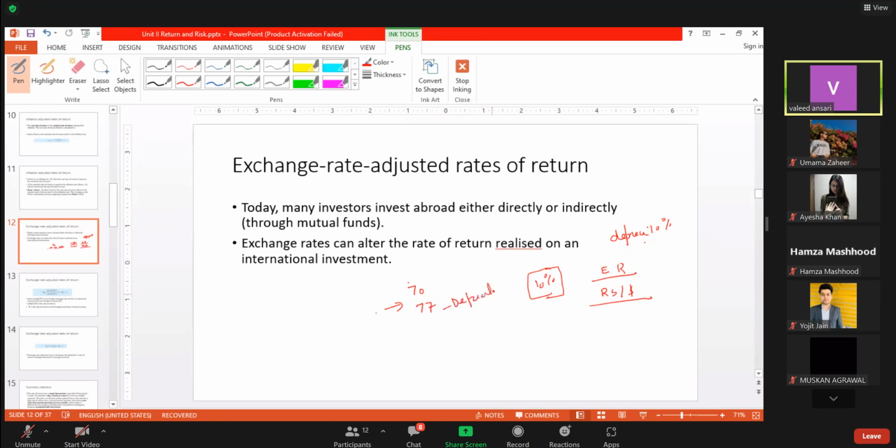Now it means that more rupees will be needed for getting $1 when the US investor converts into dollar. So this 10% gain in the return may be dissipated, may be nullified by the loss from the depreciation of 10%. That is why in international portfolio investment, not only the returns are important, but exchange rate gain or loss is also important.